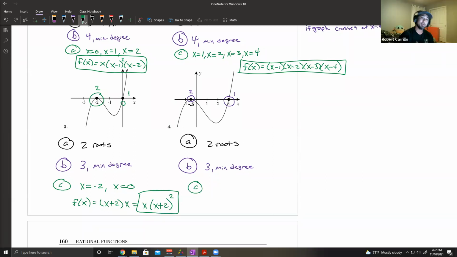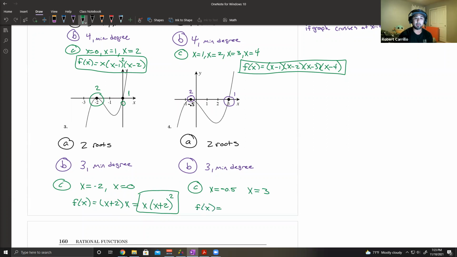Now, C, we build the polynomial. So that is negative 0.5. So x equals negative 0.5. Or you could even put negative 1/2 like the fraction, whichever. Either one works. And the other one's x equals 3. So how would I put this back in factored form?